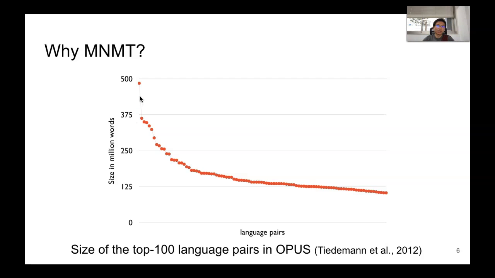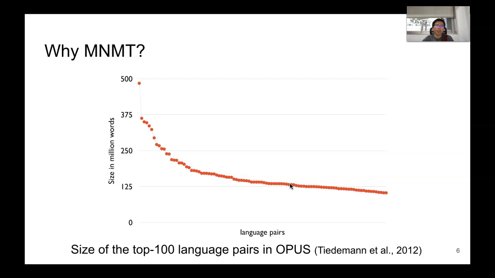So we can see that for several language pairs, we have large parallel corpora, but for many others, they only have few parallel corpora. So we have a long tail even in the OPUS data, right? So for high-resource language pairs, bilingual NMT might perform well, but for the low-resource part, how can we improve the performance?